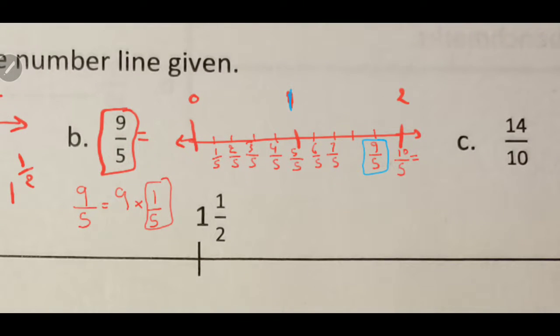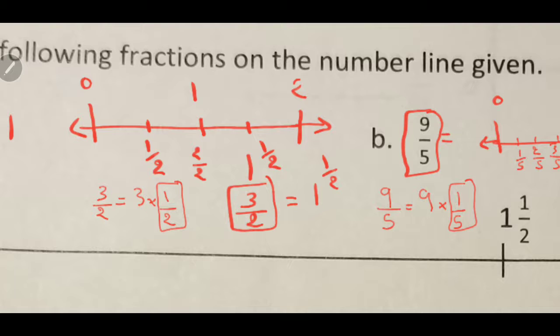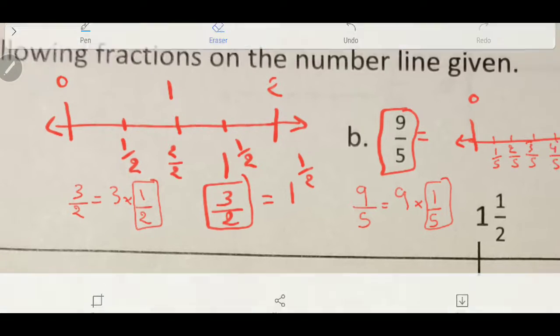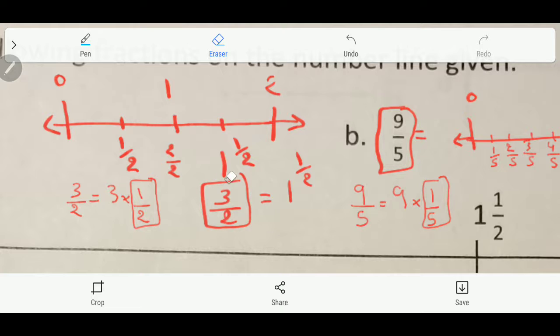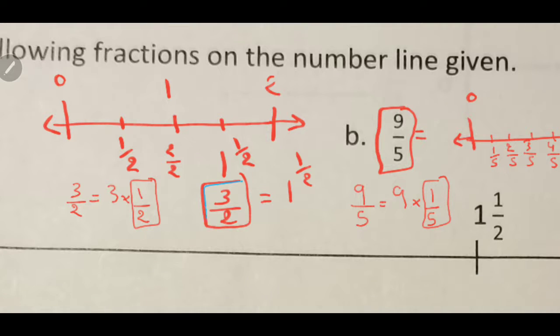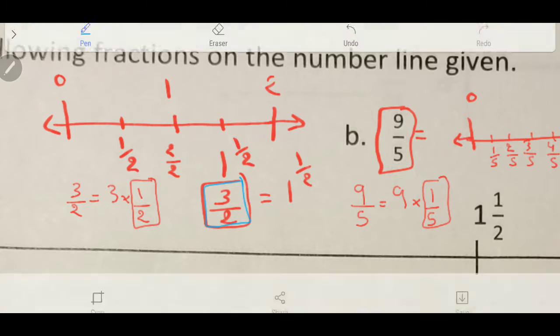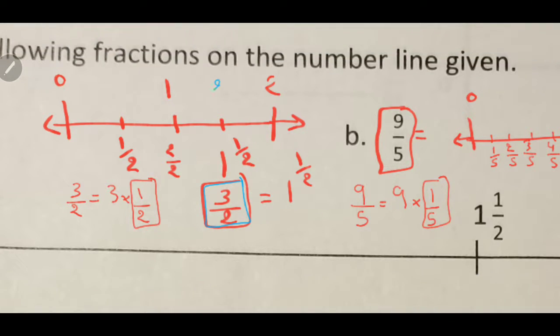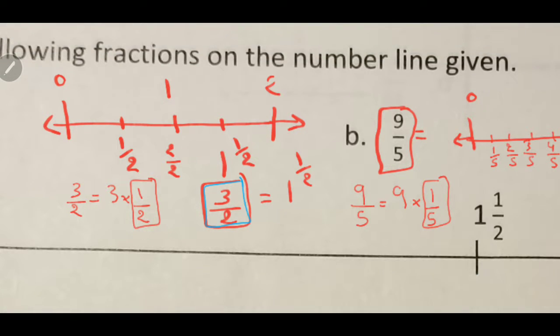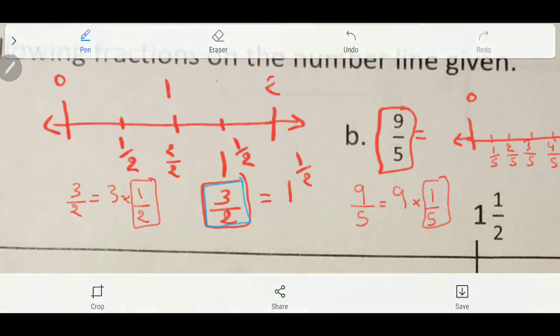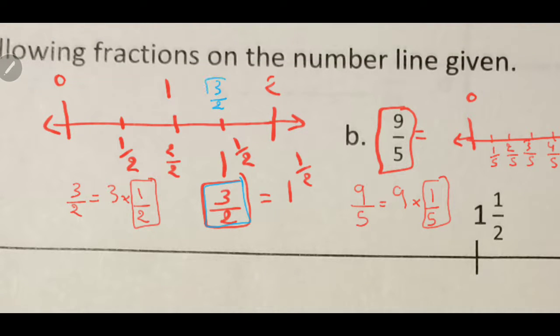We did the line segments. We're doing now from 0 to 2. We did the 2/3 right over here. I'm sorry, not 2/3, but 3/2. 3/2 is right over here.